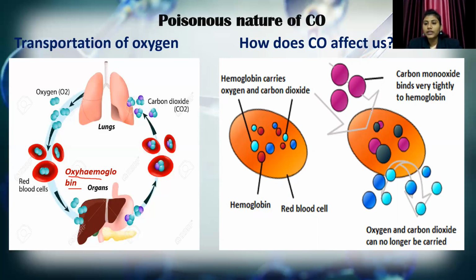The combining capacity of carbon monoxide with hemoglobin is very high compared to that of oxygen. So instead of oxygen, carbon monoxide will combine with the hemoglobin, and then carbon monoxide will be carried to the different parts of our body. This actually happens when we inhale carbon monoxide in large amounts.